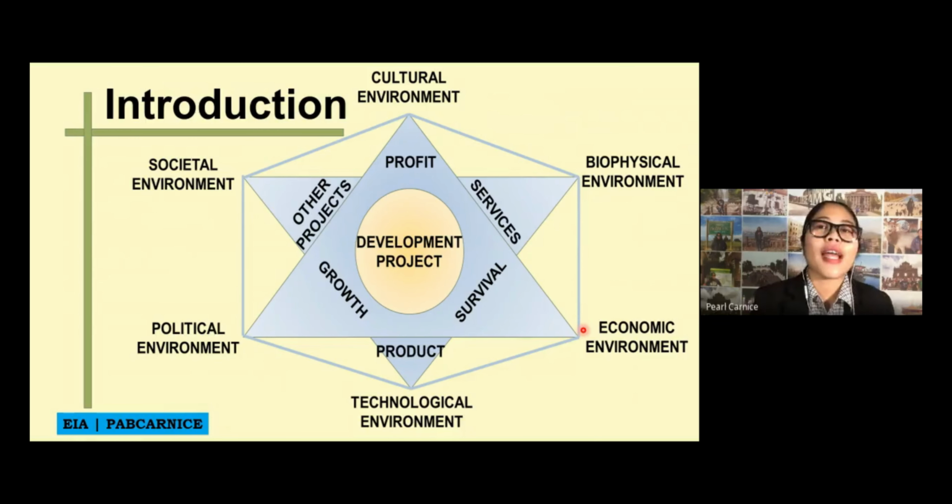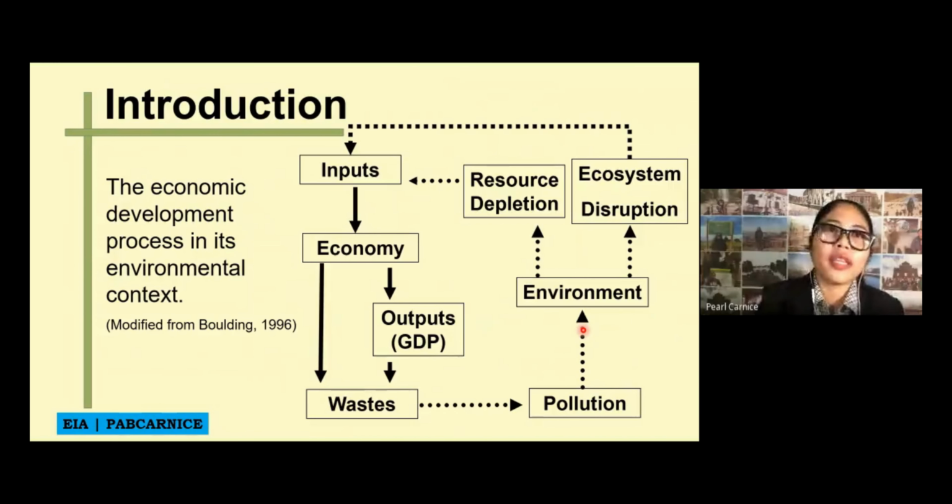If humans decide to have a development, if humans decide to have this kind of project, as we all know, a development project will affect all aspects of the environment. And going into economic development, as we all know, the economic development process in its environmental context.